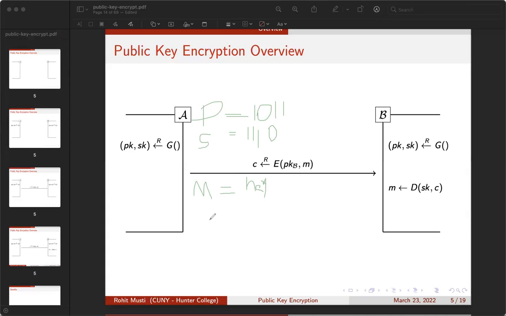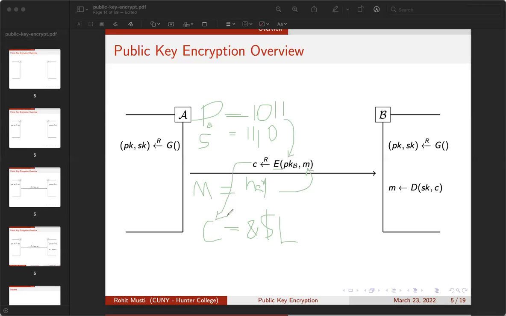Let's say our ciphertext is ampersand, dollar sign, capital L. The encryption function will receive Bob's public key, which goes right here, and then it receives the message M, which goes right here, and it outputs a ciphertext C, which goes here.